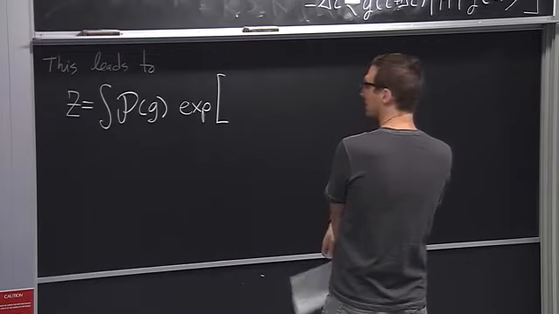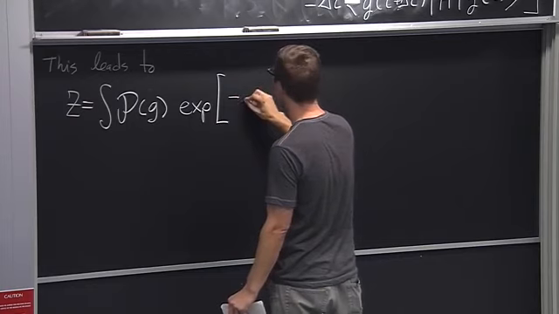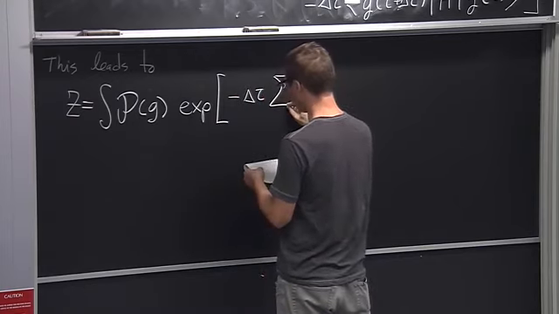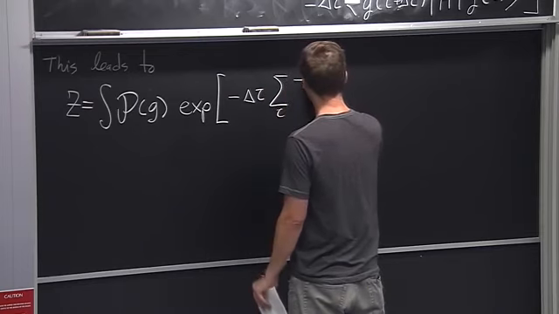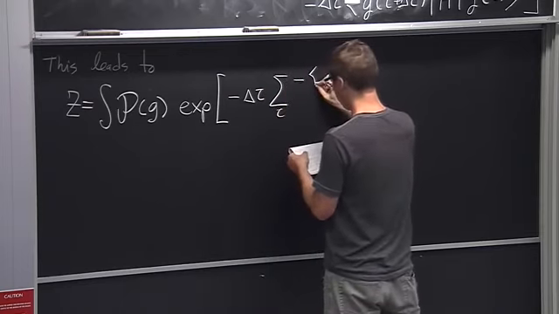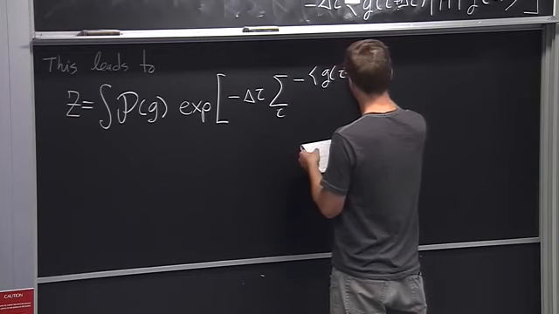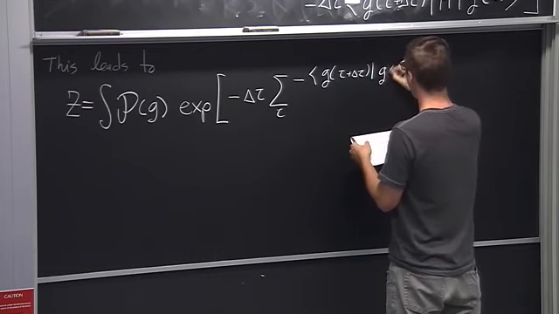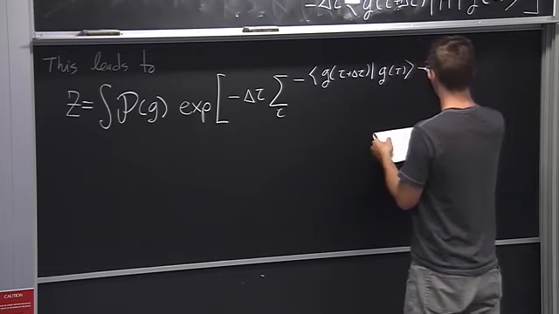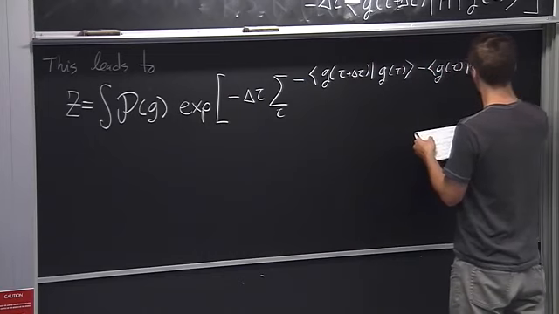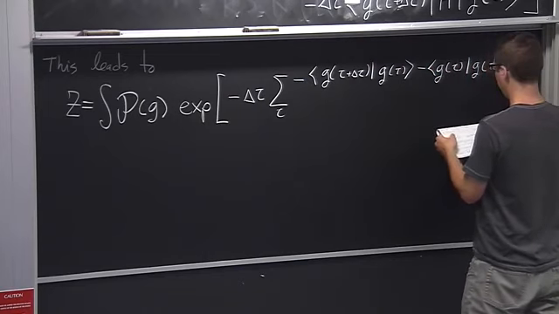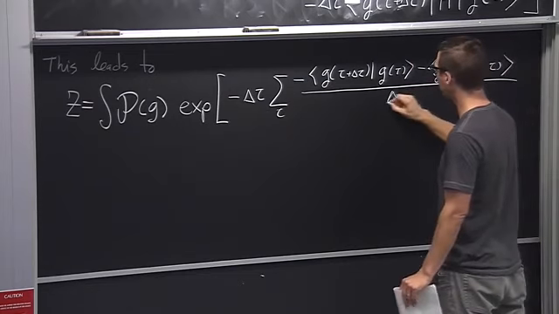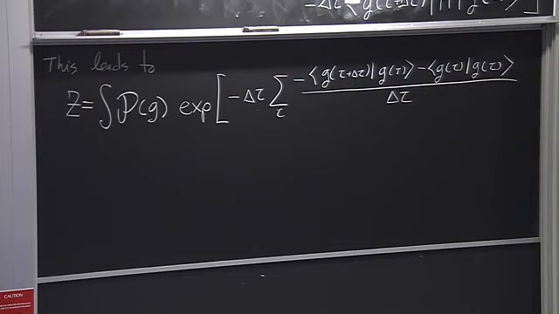Okay, and I have to worry about my delta tau integral. So let me pull this out. I'll still write it as a discrete sum over taus. Now I'm going to have something like this. Make sure I get these signs right. I just pulled the delta tau up front so I can divide this whole thing by delta tau, your small imaginary time step.